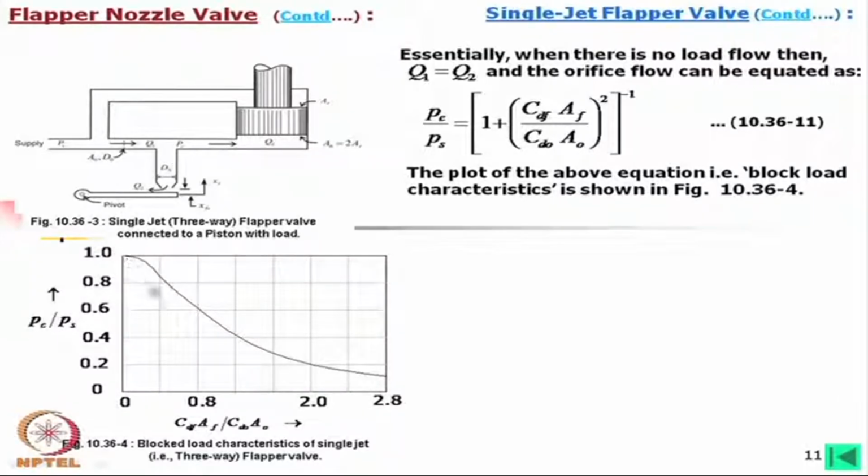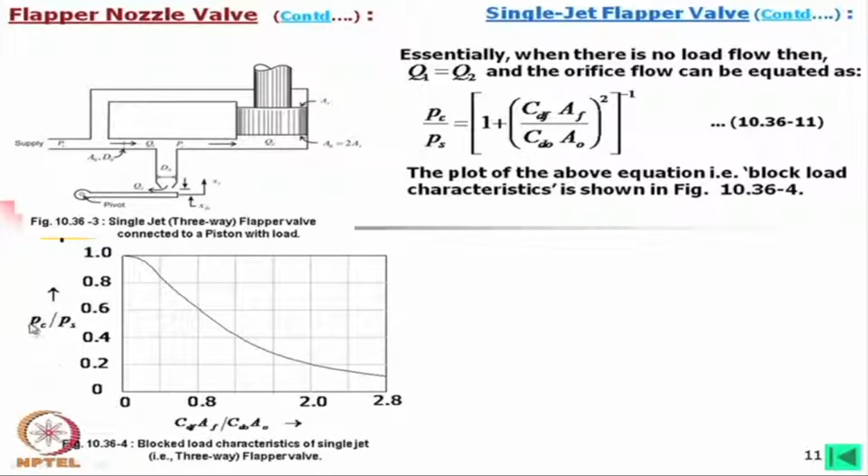Now, the extreme case we have considered is 2.8. Remember, to make this 0, we can consider AF itself 0, but when this ratio has some value, then it depends on the coefficient of discharge, area, etc. However, for a particular valve, what we find at 2.8 of this ratio is that Pc by Ps is 0.1 only.